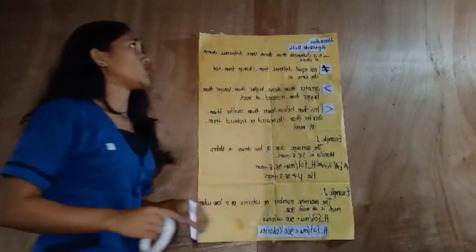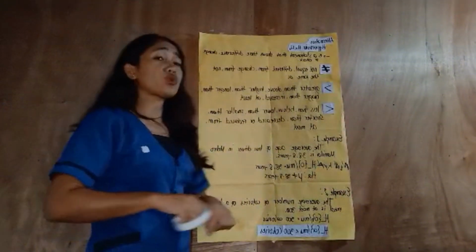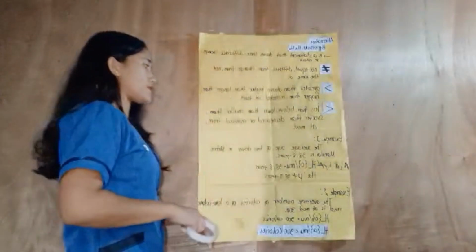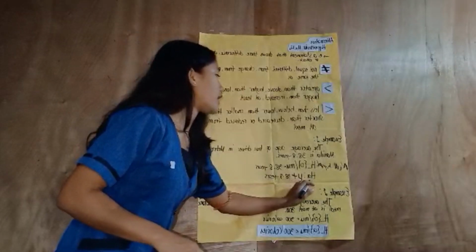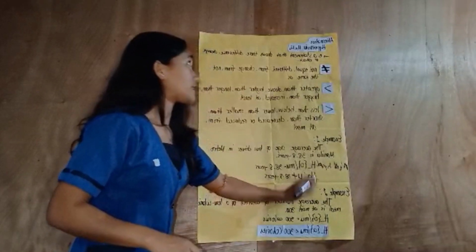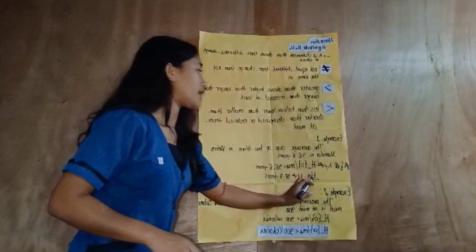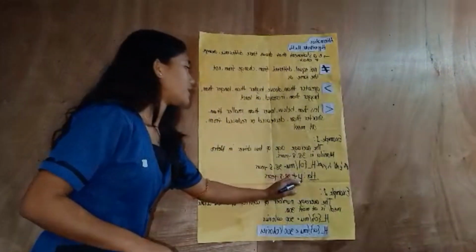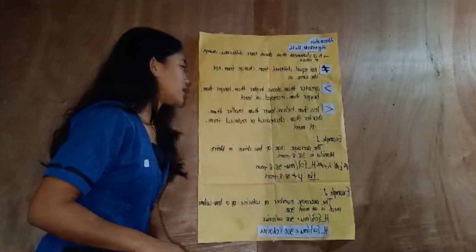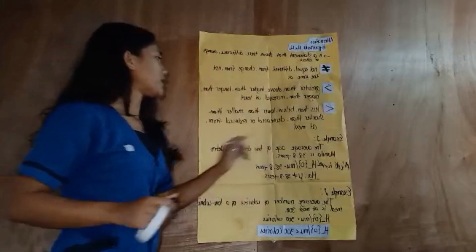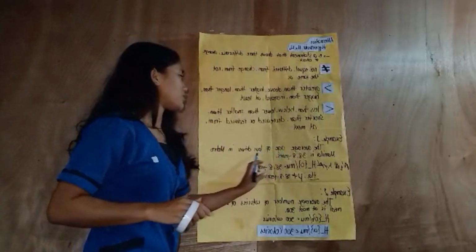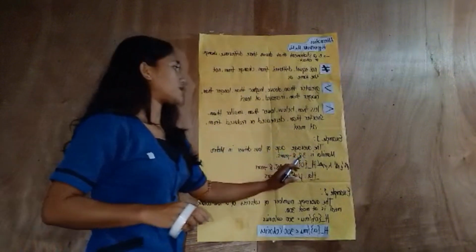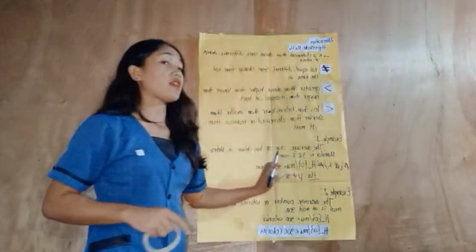Then how do we get the alternative hypothesis? The alternative hypothesis is HA, then the mean. The example here is: the average age of bus drivers in Metro Manila is 38.8 years.